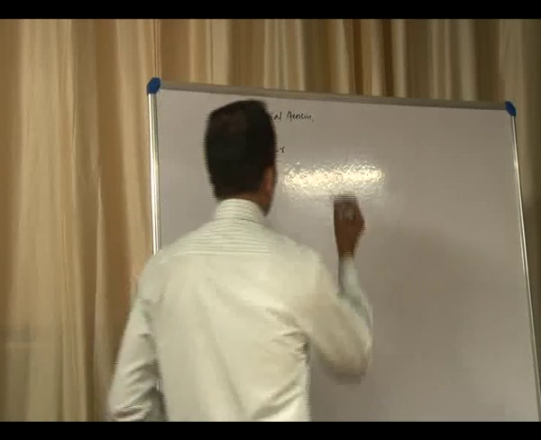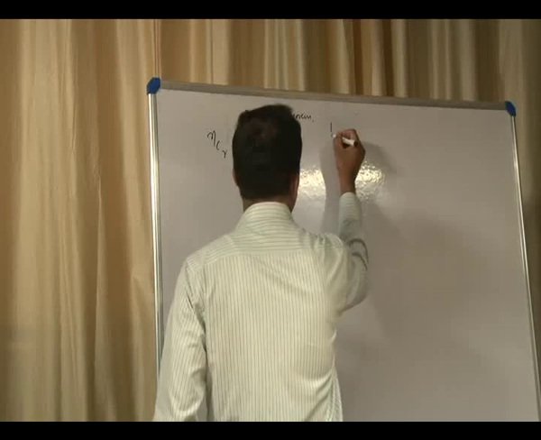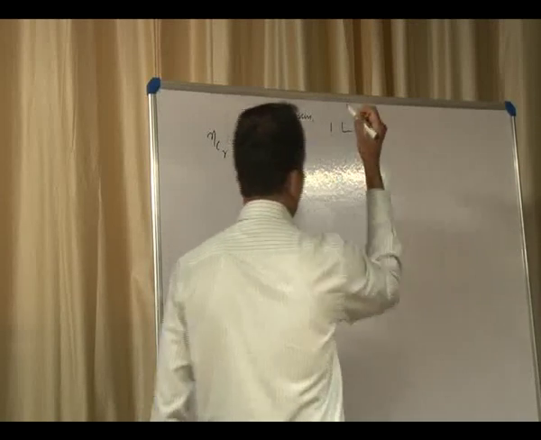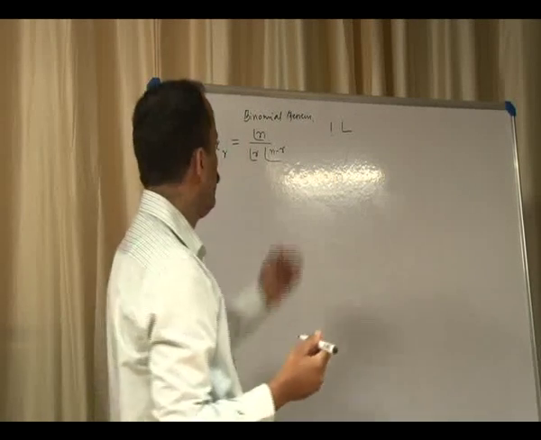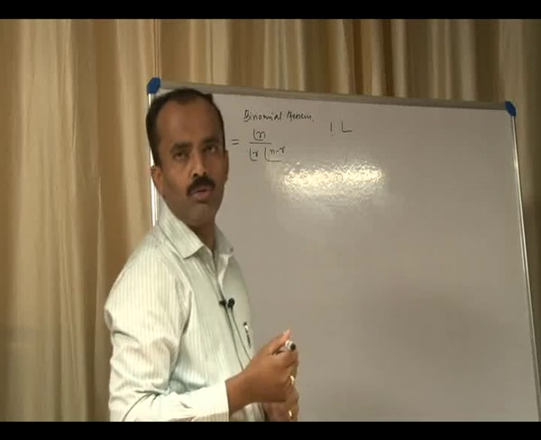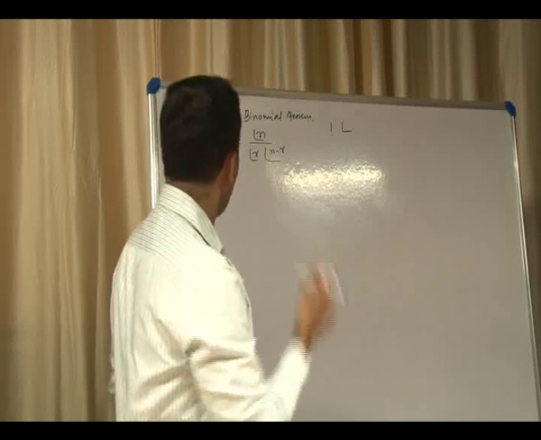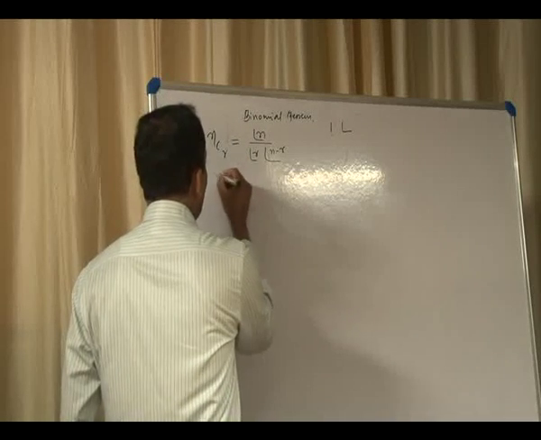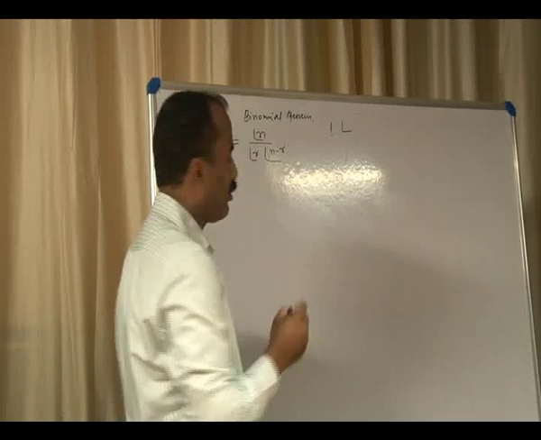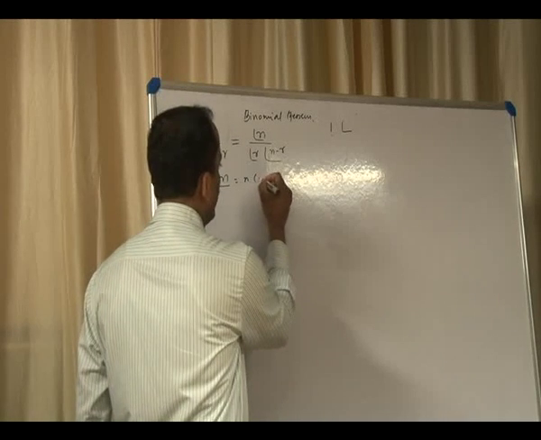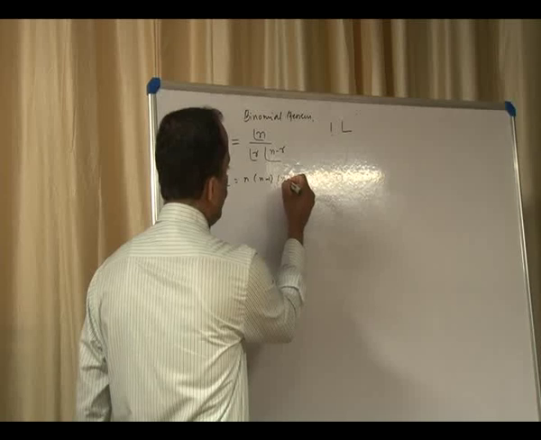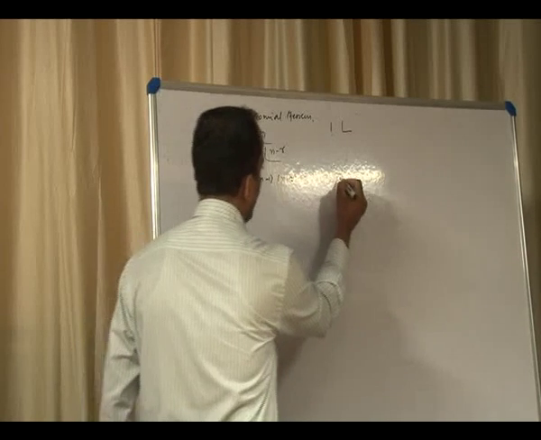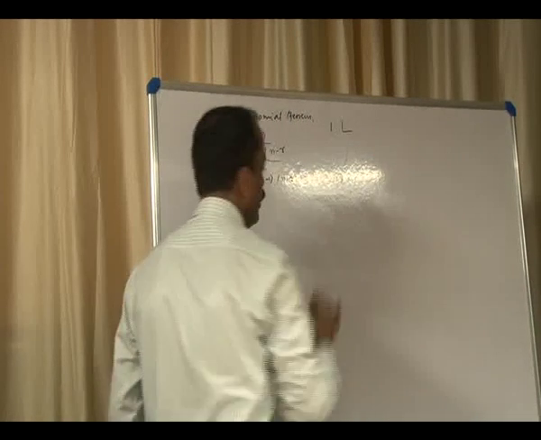You see, for factorial, in some cases we use this notation, in other cases we use that notation. Either can be used for the factorial sign. n factorial means n into (n minus 1) into (n minus 2) and so on, up to 3 into 2 into 1.